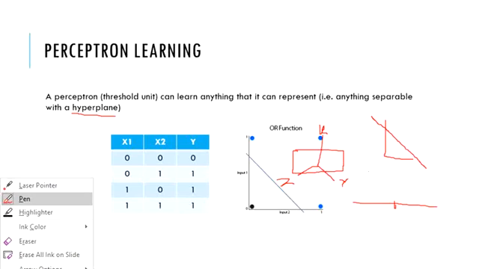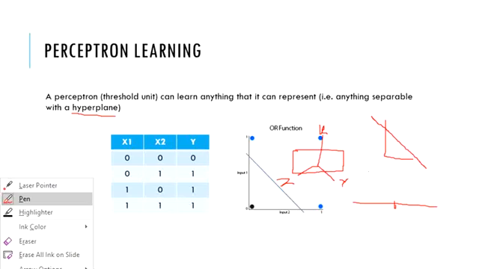So up until three dimensions, we've got a plane. Anything beyond that, we've got a hyperplane. Hyperplanes or hyperdimensions are those we cannot visualize. So anything separable by a hyperplane, line, or point is something that our perceptron can represent.